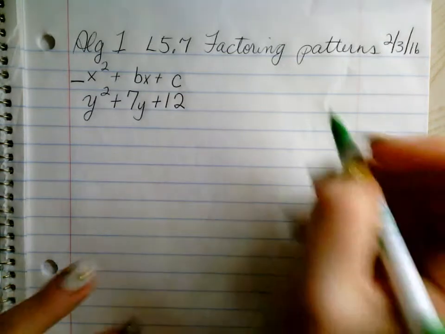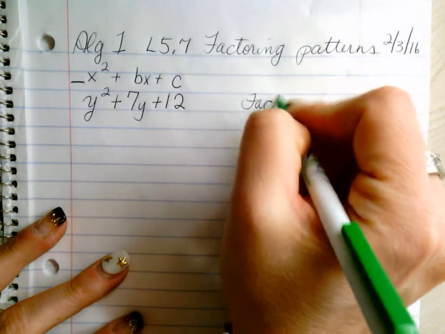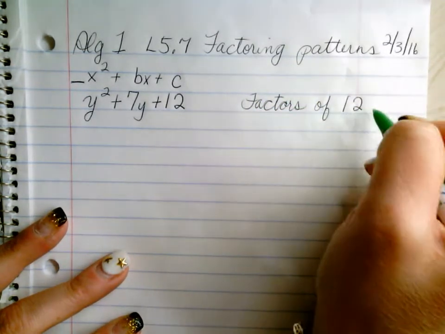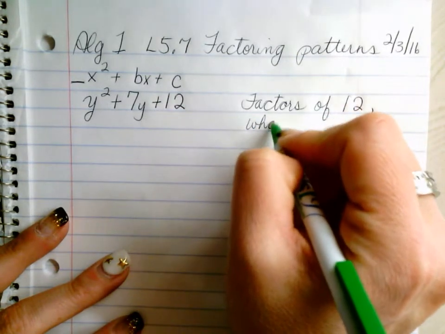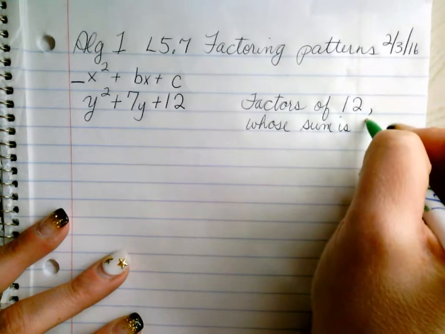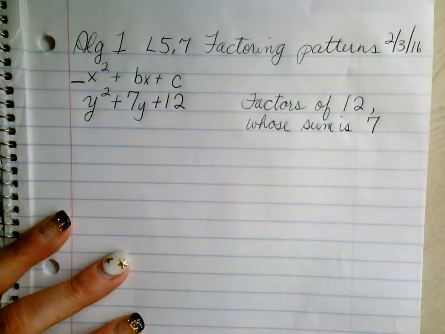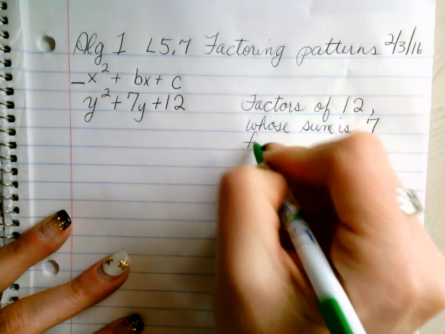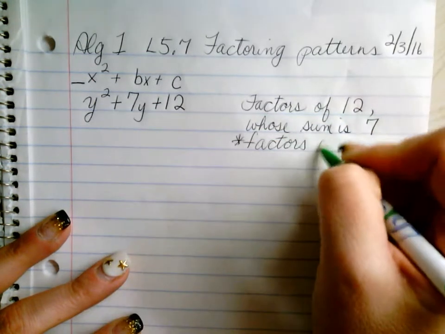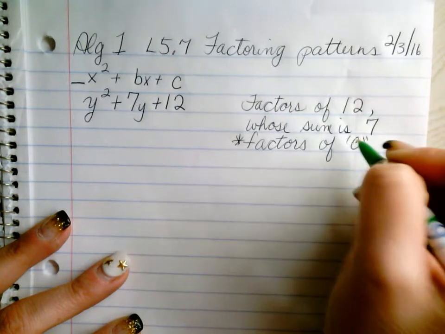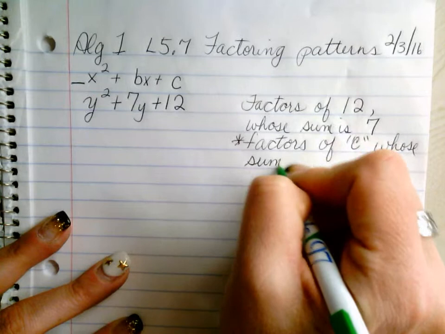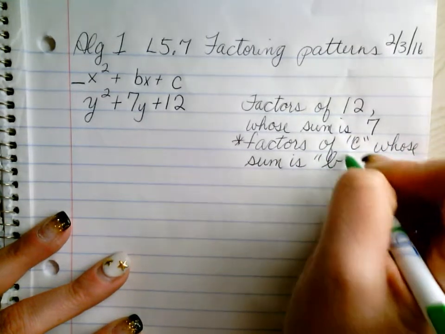So you need to find factors of 12 whose sum is 7, okay? Otherwise known as, you could say, factors of C whose sum is B.